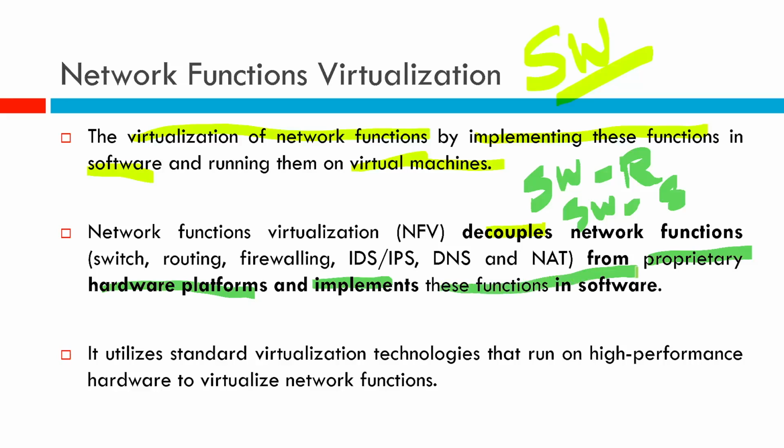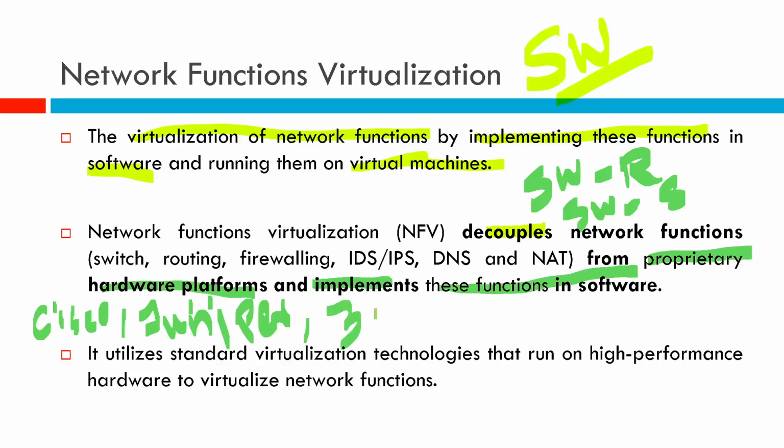So proprietary hardware platforms, it's like Cisco, Juniper. There are a lot of other routers like 3Com. So these are the proprietary hardware platforms. Their functions are like routing, switching, firewalling, and IDS, IPS, DNS, NAT, everything they do. So that is what we are going to convert into software functions.